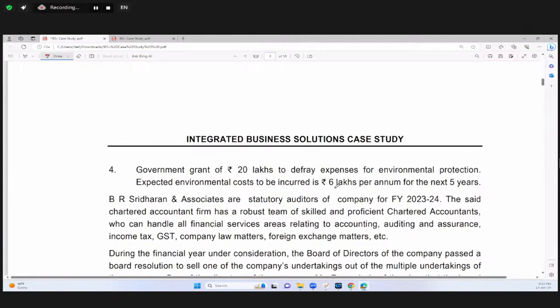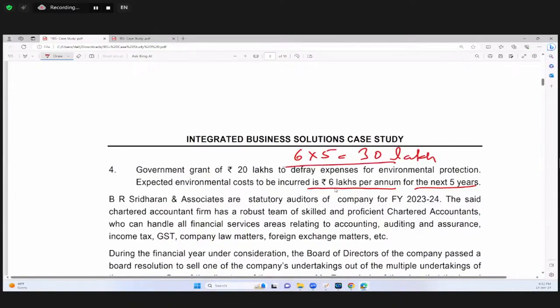Out of that deferred income, like we did in the second part, a certain portion will be recognized every year in your statement of profit and loss. Now, you are getting a grant of 20 lakhs against a total expense of 30 lakhs. How is it coming to 30 lakhs? They are saying environmental cost to be incurred is 6 lakhs per annum for the next 5 years. It means 6 into 5, so the total expense to be incurred by the entity is 30 lakhs.